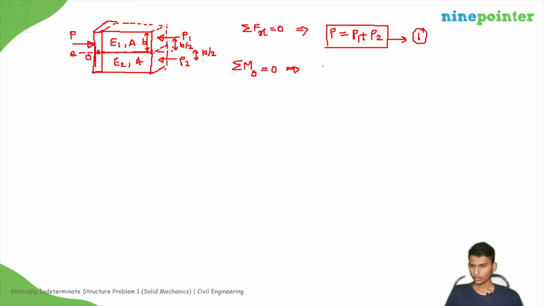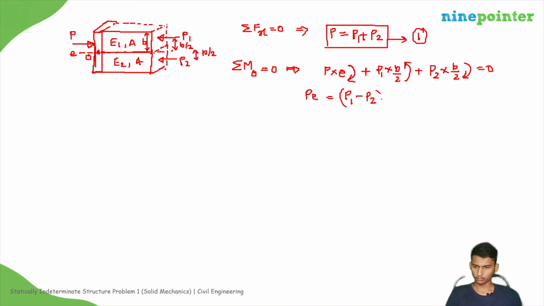That will give you P into E, that is clockwise, and P1 is anti-clockwise, so plus P1 into B by 2 anti-clockwise, plus P2 into B by 2 that is clockwise, is equal to 0. Means P E is equal to P1 minus P2 into B by 2. This is one equation.